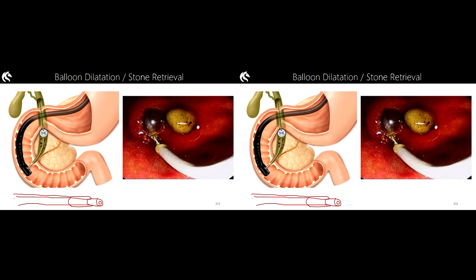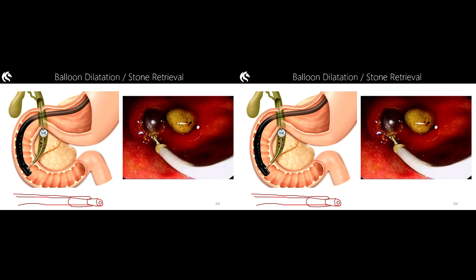We're going to insert this catheter into the common bile duct, squirt a bit of contrast to see if there are any filling defects which might indicate a stone. And once we have found the location of that stone, we then push the catheter, and more particularly the balloon, past the filling defect.